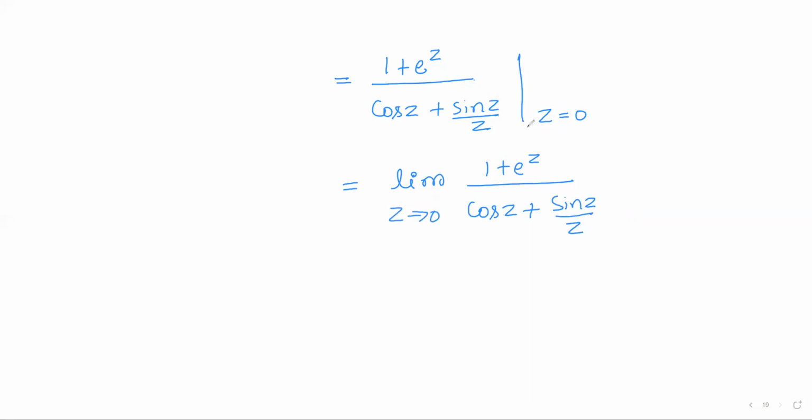As this function is continuous, that function at z is equal to 0 is nothing but the limit of that function as z approaches 0. So if f is continuous at a, the limit of f of z as z approaches a is what?